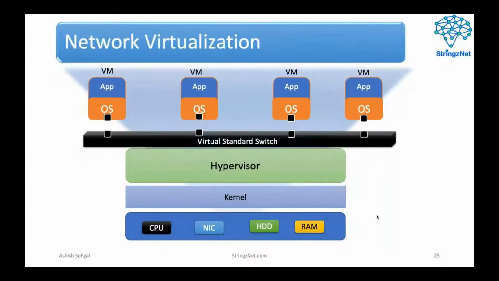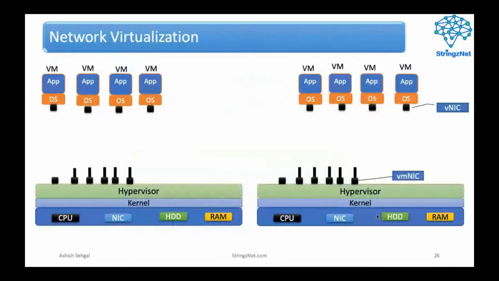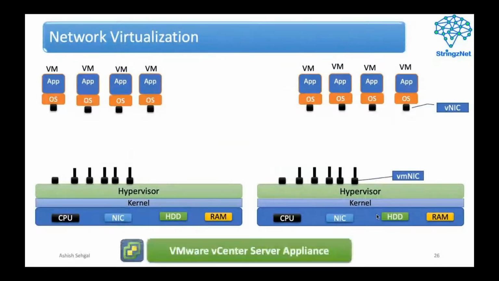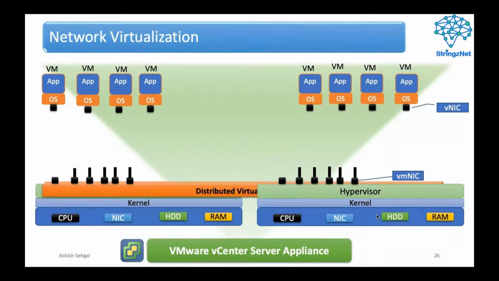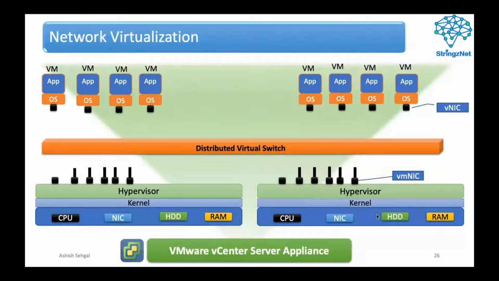What is the concept of our virtual standard switch, how the networking is done, and then we talk about network virtualization. We learn over here how to manage our entire VMware infrastructure, how to push a switch, how to connect a switch, the distributed virtual switch.